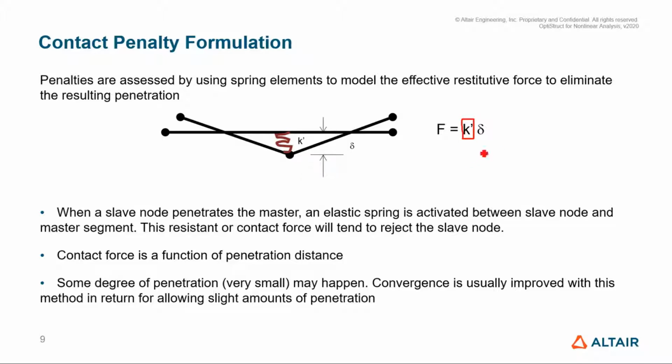Okay, so that's the penalty that we put in to simulate that contact. So the more that it penetrates, you see the higher the contact force is going to be. Okay. So the higher the penetration, the higher the contact force is going to be. Right.